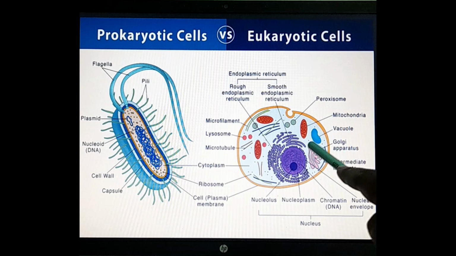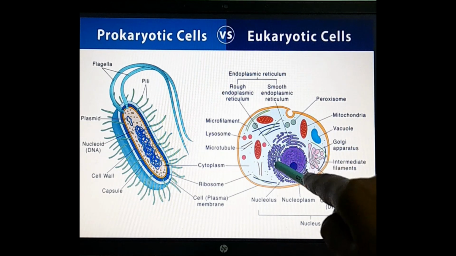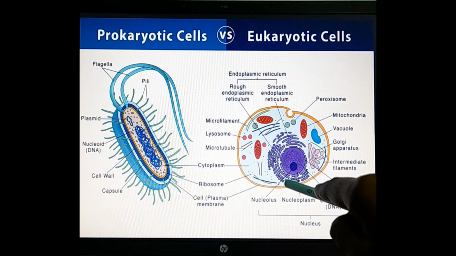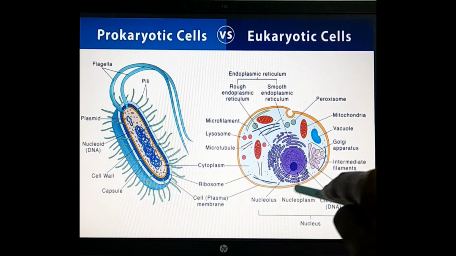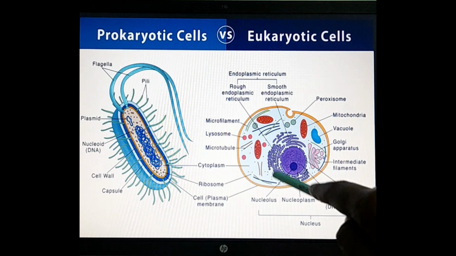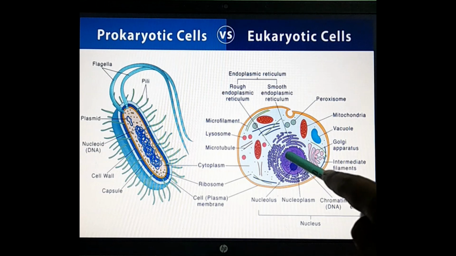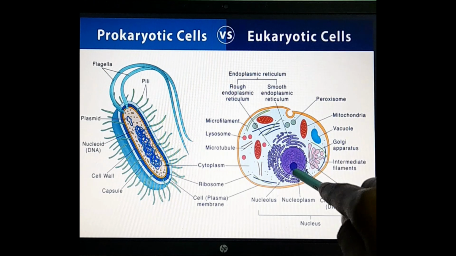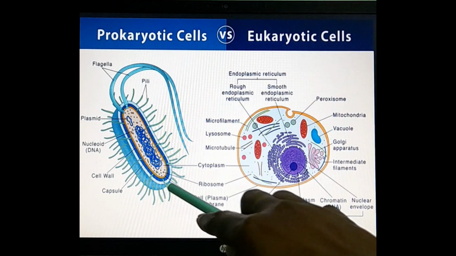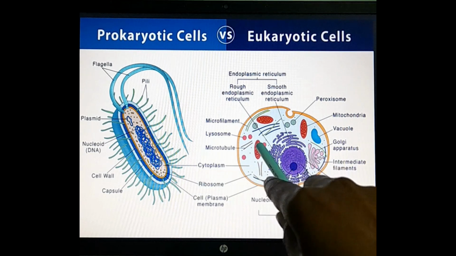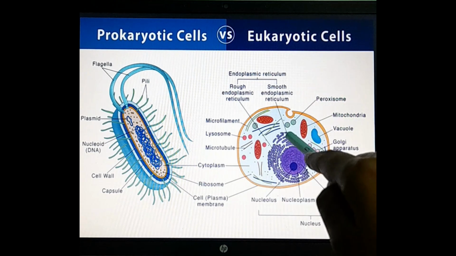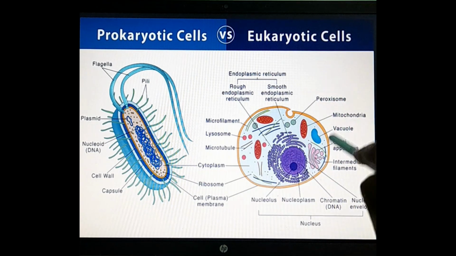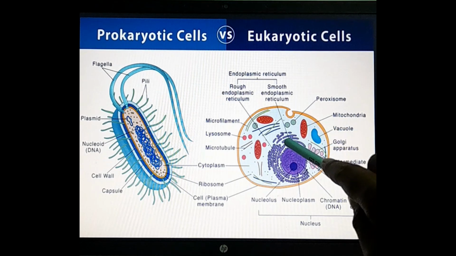But when we talk about the eukaryotic cell, here DNA is present inside the nucleus, where the nucleus is surrounded by the nuclear membrane, and there are so many other parts. Here we can see the mitochondria, peroxisome, vacuoles, Golgi apparatus, endoplasmic reticulum.